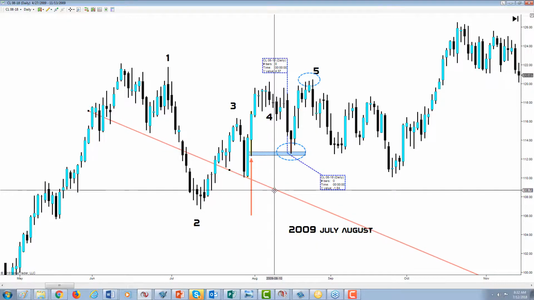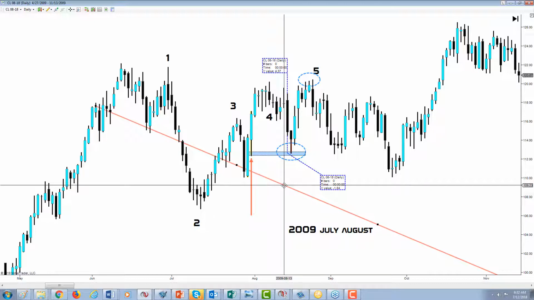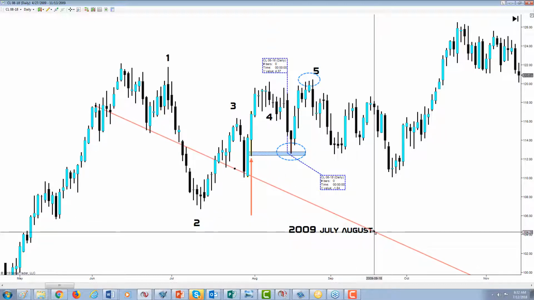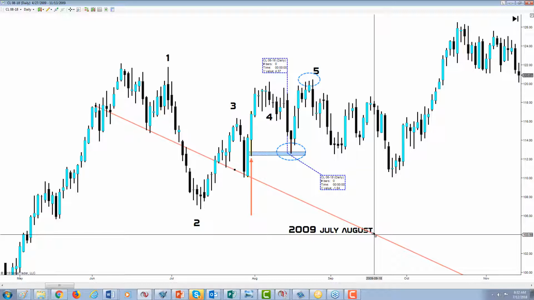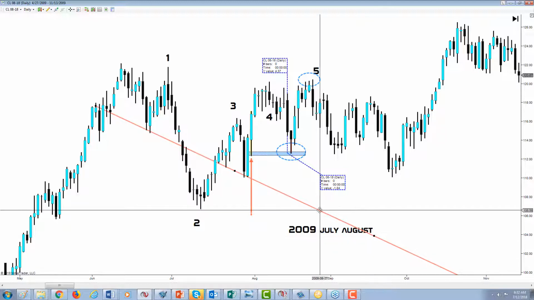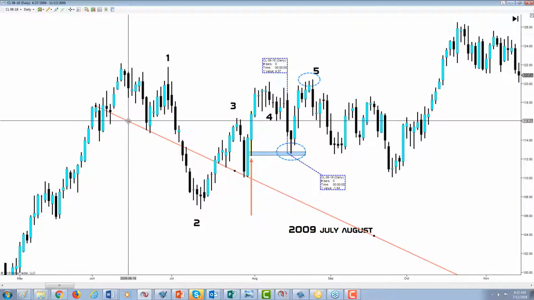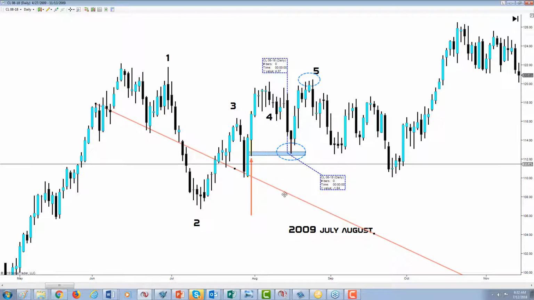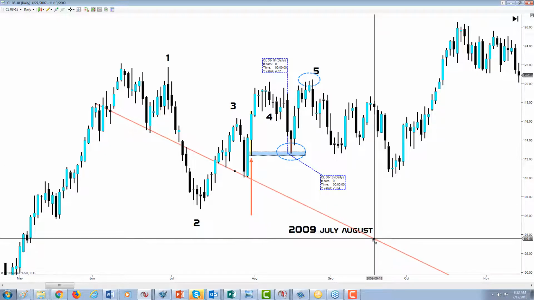I want to see if I can find an area where I'm getting multiple hits on the angle on the way down. And that right there, if I modify it just a little bit, gets me really close.